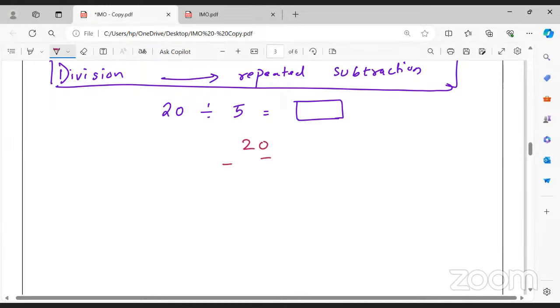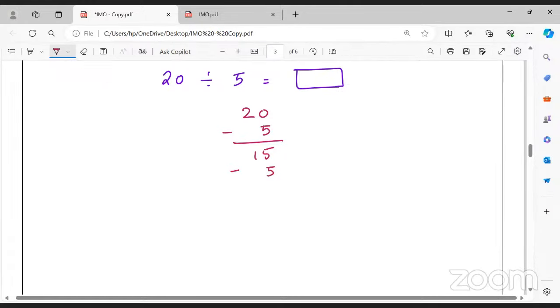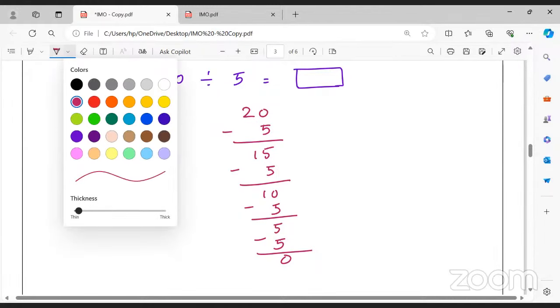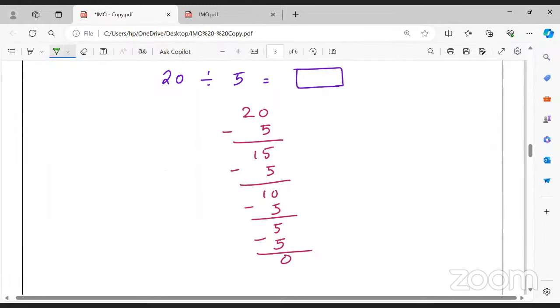See, 20 minus 5 is how much? 15. Then again I do minus 5. I will go on subtracting 5 till I get 0. 15 minus 5 is 10. 10 minus 5 is 5. 5 minus 5 is 0. Now we are going to check how many times we actually subtracted 5. 1 time, 2 times, 3 times and 4 times.